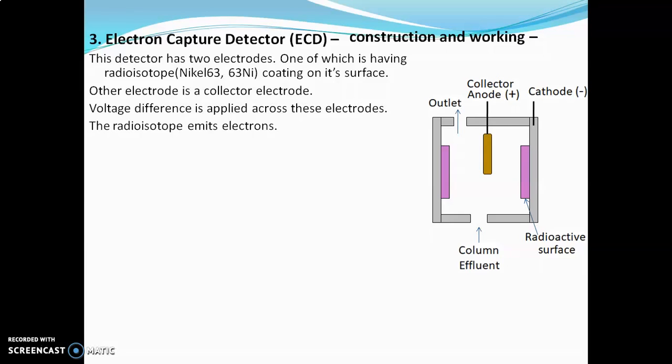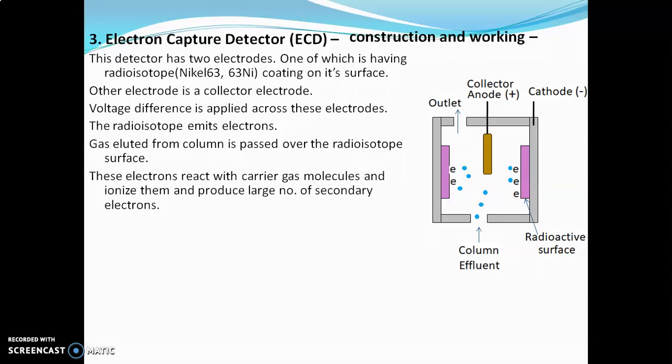The radioisotope emits electrons. Gas eluted from the column is passed over the surface of the radioisotope. The electrons react with the carrier gas molecules, and these electrons will ionize the carrier gas molecules and produce a large number of secondary electrons.